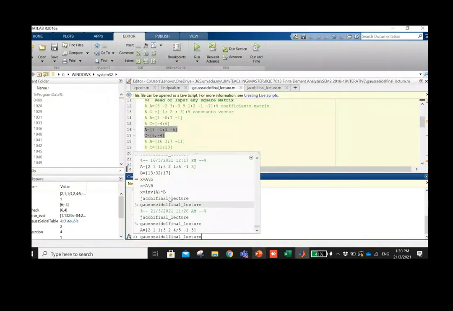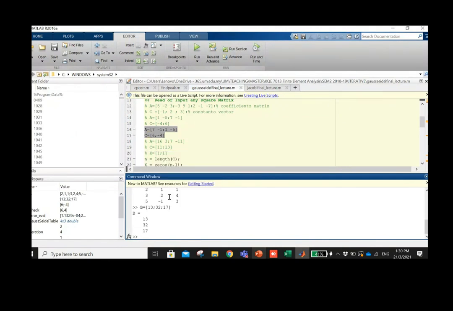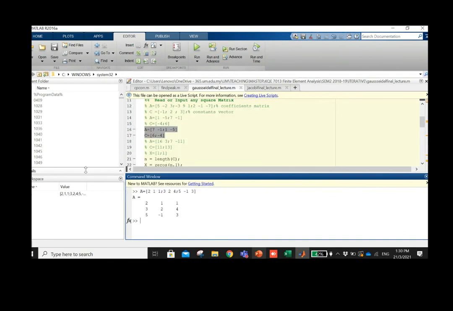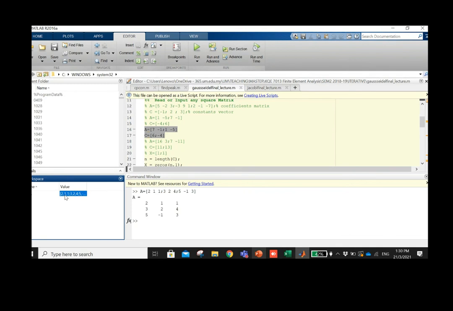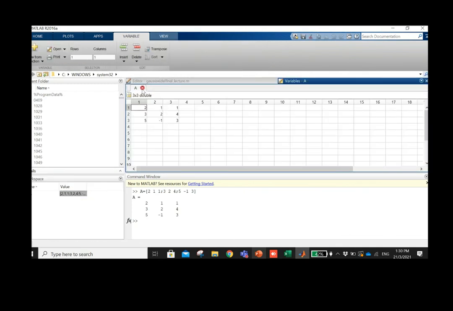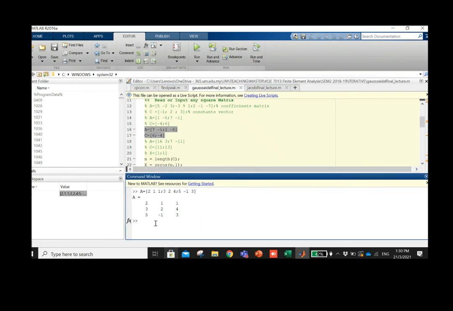So I can also build this B here. Maybe I clear this off and rebuild my A matrix again. It's already coming here. If you look into it, you have the A matrix here. Then I can build my B matrix.